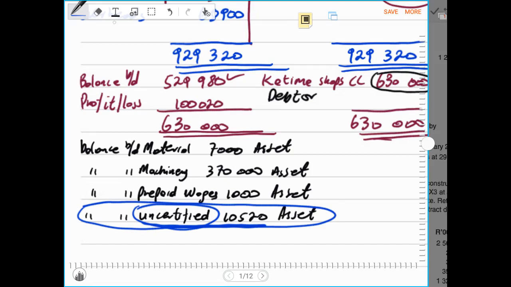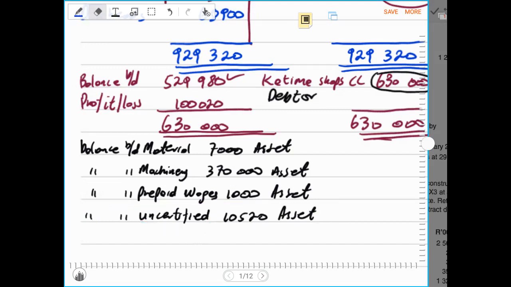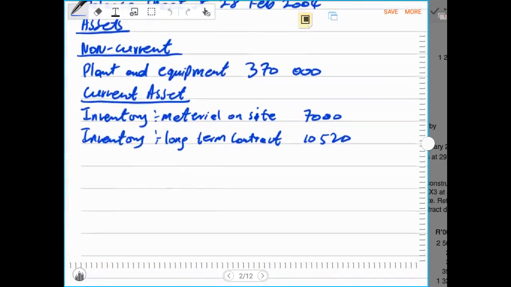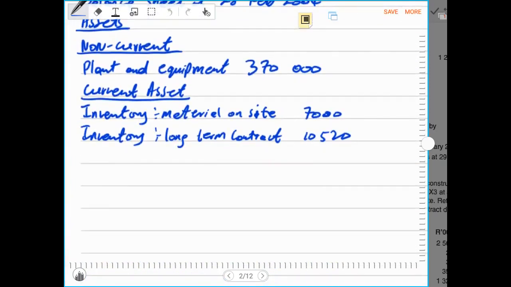That is the description for the uncertified work when it's recorded in the statement of financial position. So that will be a long-term contract, 10,520.